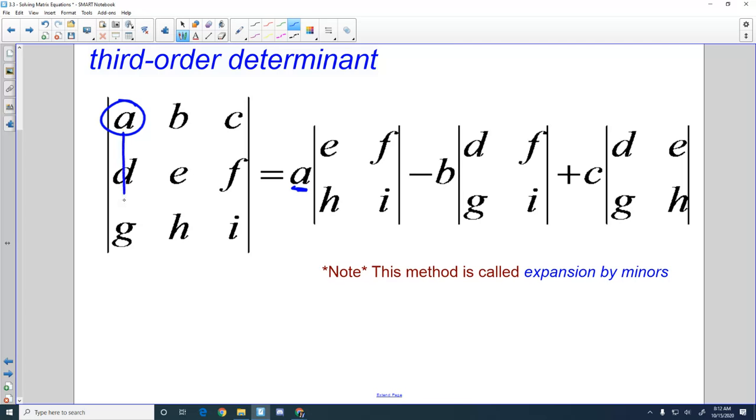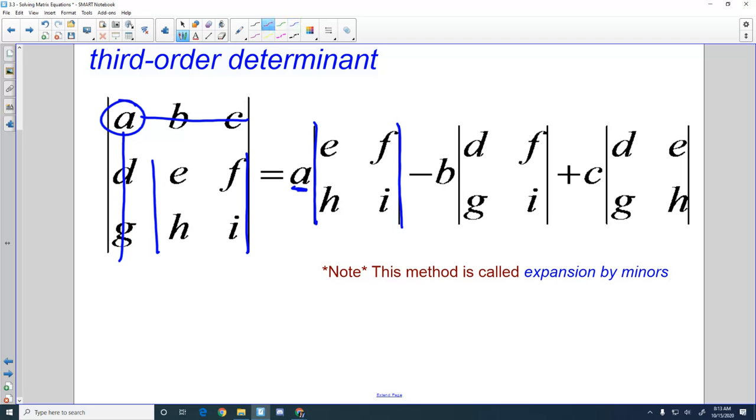I'm going to cross off the rest of the column and the rest of that row, and look at the 4 numbers that I'm left with. Do you see this E, F, H, I? Whenever you circle a number, ignore everything else in that row and column, and the 4 numbers you're left with, you then take the determinant of those 4 remaining ones.